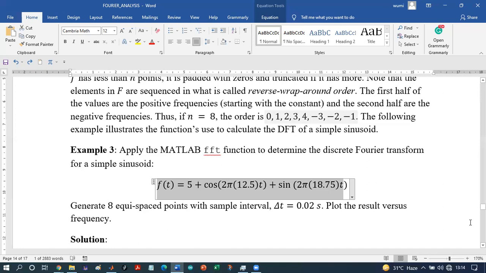Because exponential 0 is equal to 1, this is simply f of 0 plus f of 1 plus f of 2 plus f of 3 plus f of 4 plus f of 5 plus f of 6 plus f of 7.